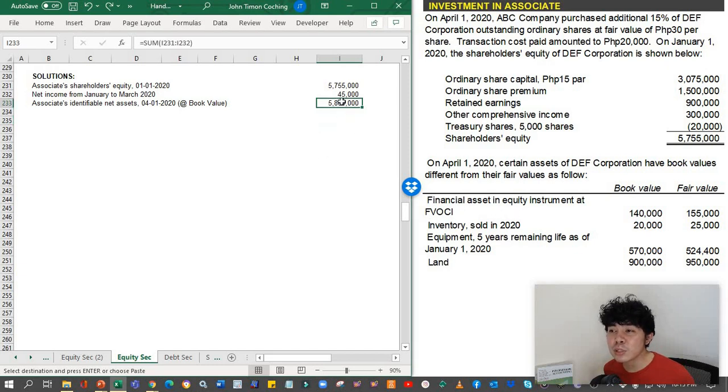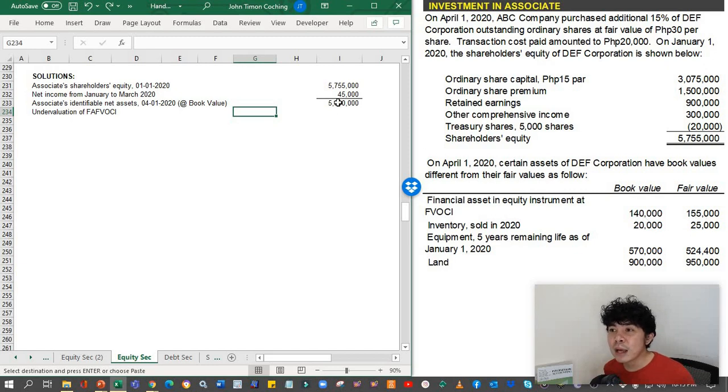Pero, magkano dito sa 5.8 ang naisama? Siyempre, yun yung 140. So, ang kailangan lang natin gawin is mag-a-adjust tayo para maging 155 yung naisama dito. So, yun na yung undervaluation of the financial asset at fair value through other comprehensive income. So, the term is undervaluation kasi mas mababa yung nasa books compared to its fair value.